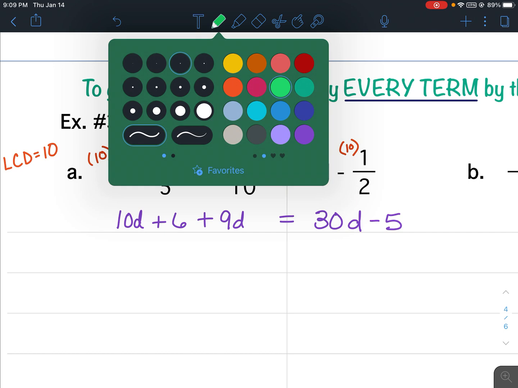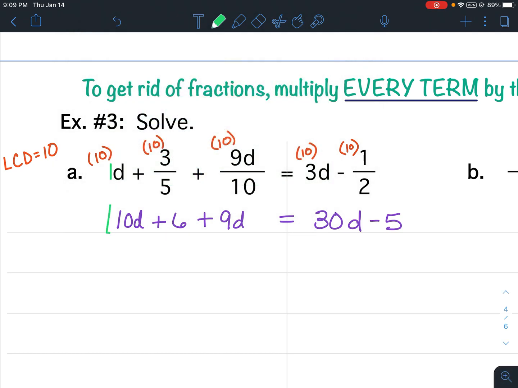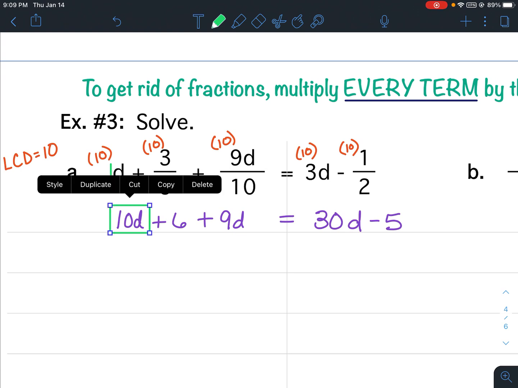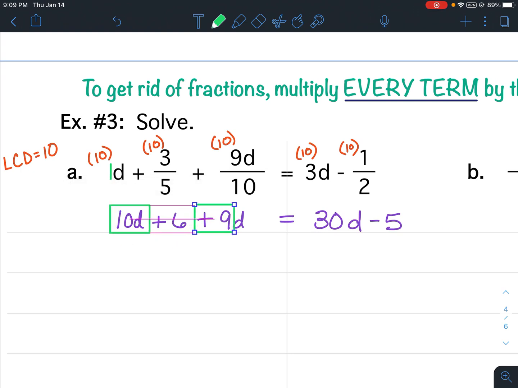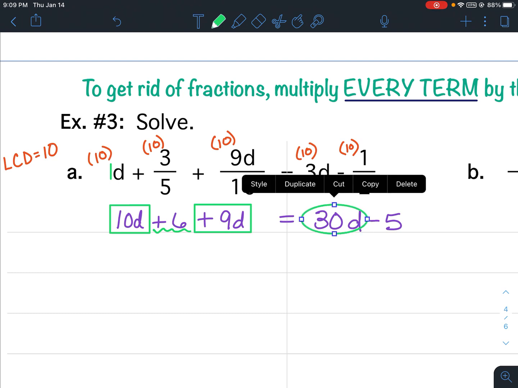So now we're going to do the combining like terms step. So I have 10D and 9D. On the left side, it's just 30D and negative 5. So there's nothing to combine on the right side.